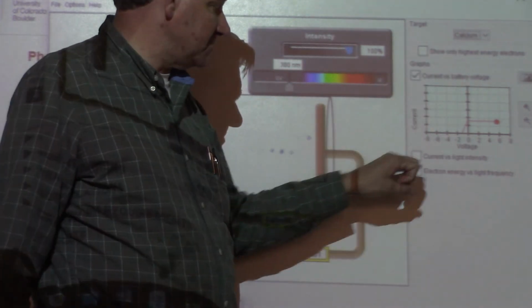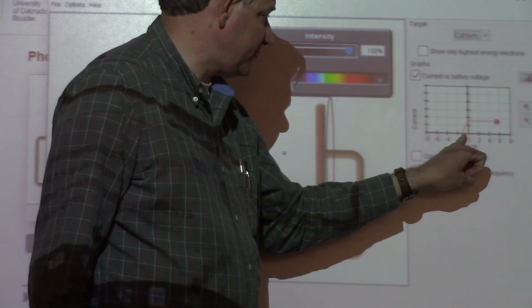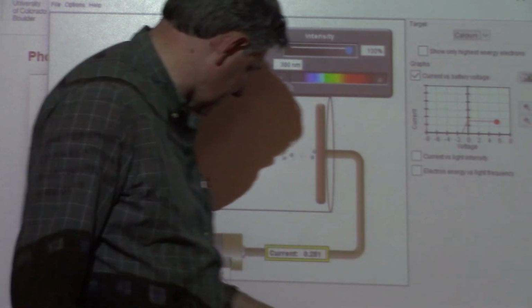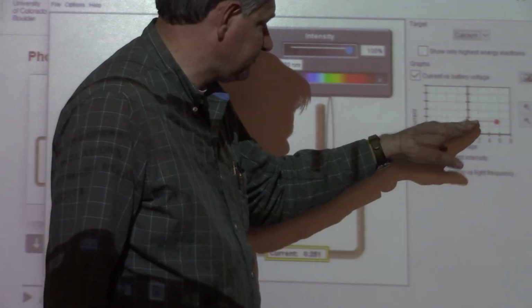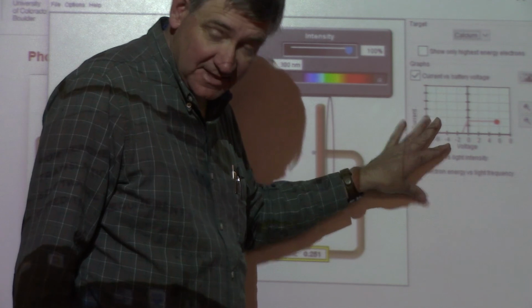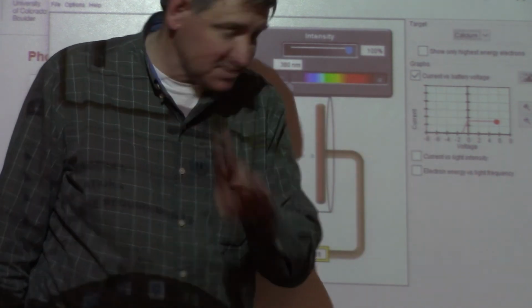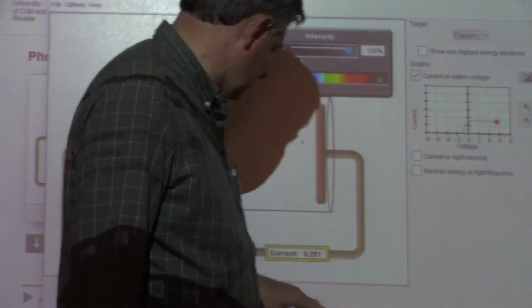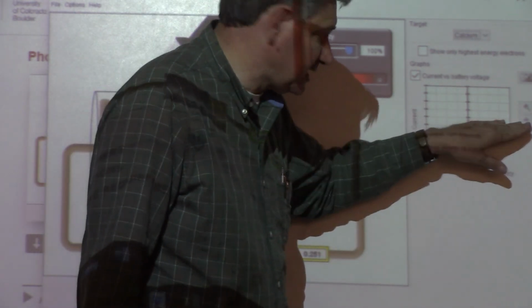So here's your calcium line. You're going to take off at -1.5 here. You're going to go up to a current of 0.251, and then it's going to plateau out. So here's your second line. Make sure that you label both lines on this graph. You're at -1.5 up to 0.25, and then it levels off.